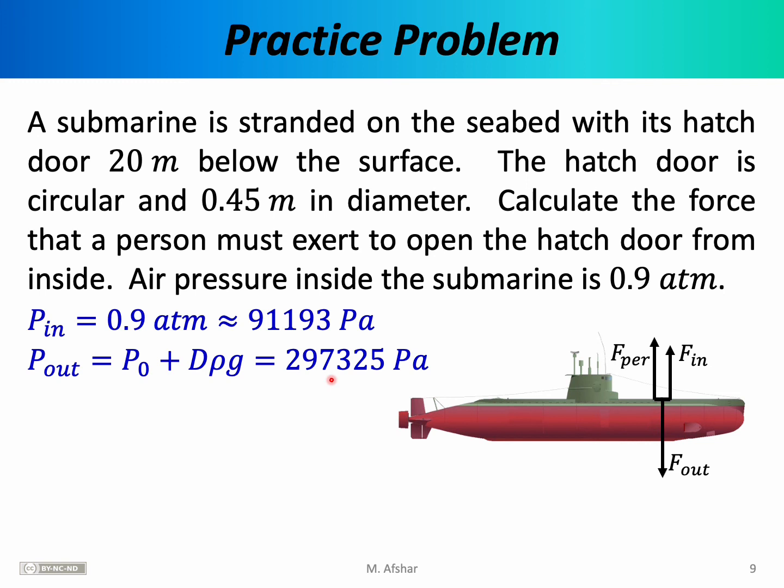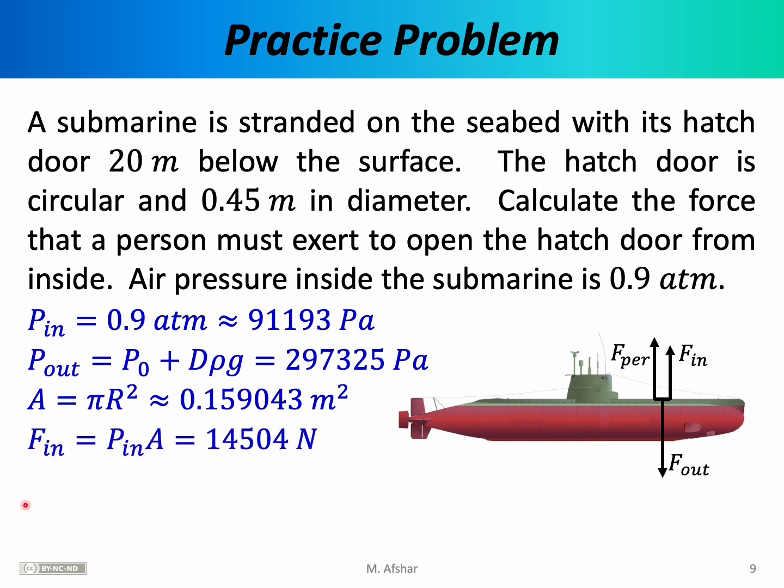Now we're really interested in forces, and we know that pressure is force divided by area, so let's calculate the area of the hatch door. Area of the circular hatch door is simply pi r squared. Note that 0.45 is the diameter, so divide by 2 to get the radius, and you find the area of the hatch door.